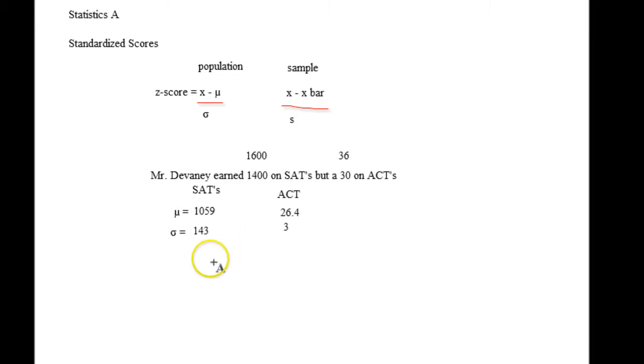The formula: take your actual score, 1400, minus 1059, divided by the standard deviation, 143. I'm taking the difference between my score and the mean, then dividing by the standard deviation. Then the same thing for ACT: my score of 30, minus 26.4, divided by 3.